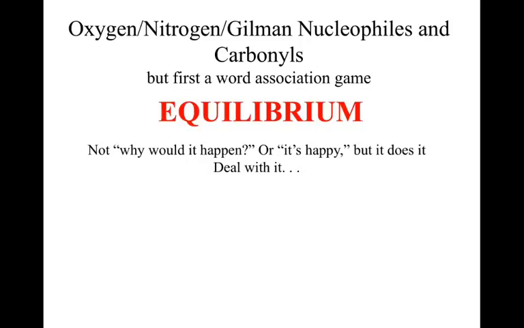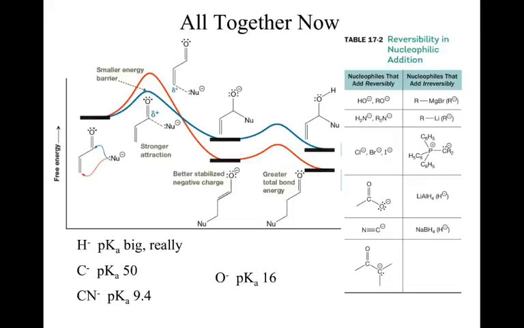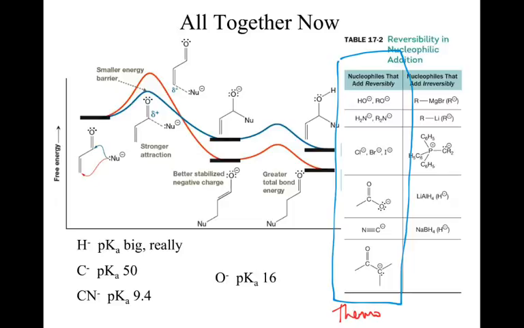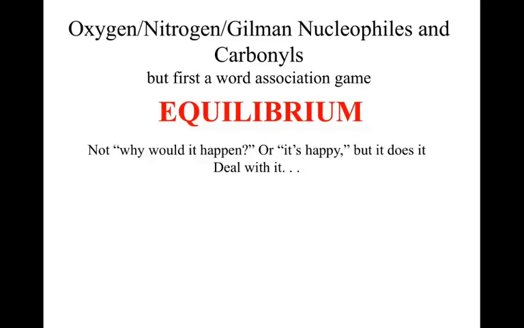Last thing we'll bring in here: oxygen, nitrogen, and what are known as Gilman nucleophiles, and how they react with our carbonyls. These match under that reversible system, and so what we expect out of them is the thermodynamic product, in all cases with these nucleophiles. One of the big issues that pops up here is that we get a lot of equilibrium.